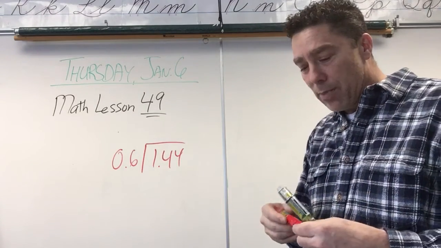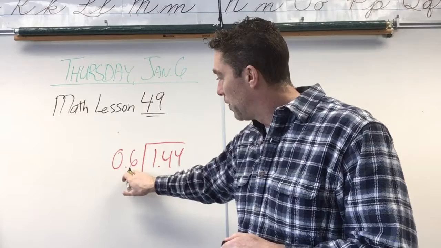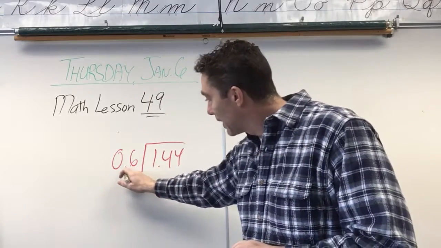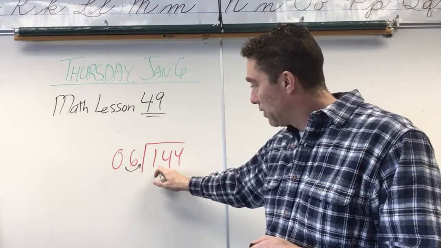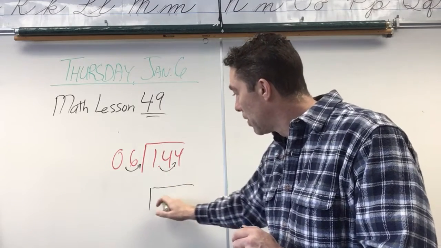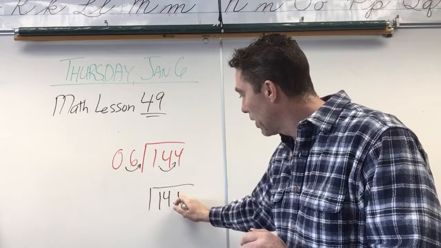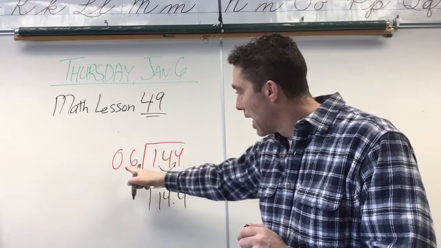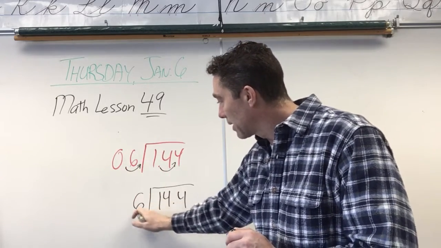Okay, now that you've unpaused it, we multiplied this side by 10 to get the decimal out of there. That's okay as long as we do this one by 10. So my new problem is 14.4 divided by 6.